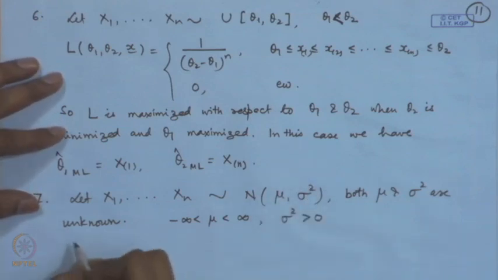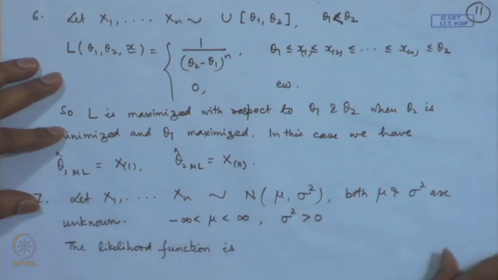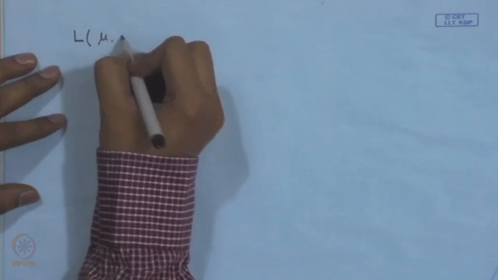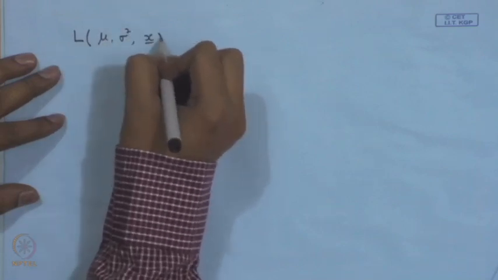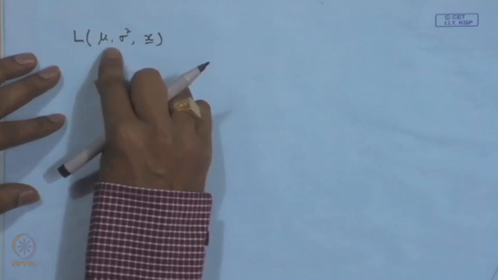So, let us write down the likelihood function. The likelihood function is L mu sigma square x. Notice here that this has become a function of both mu and sigma square now.